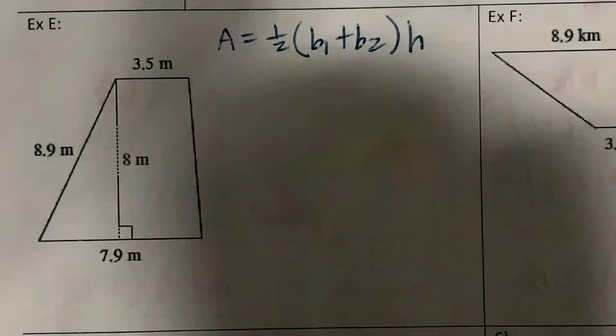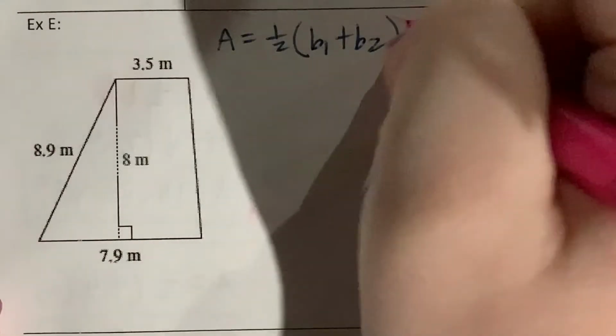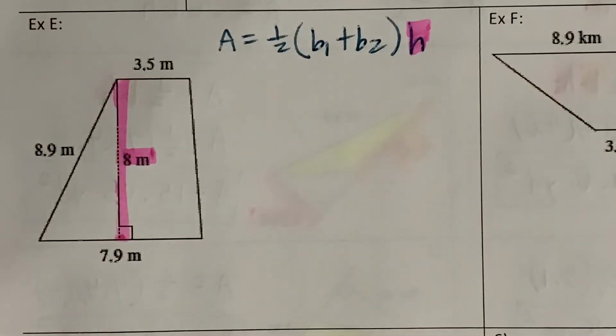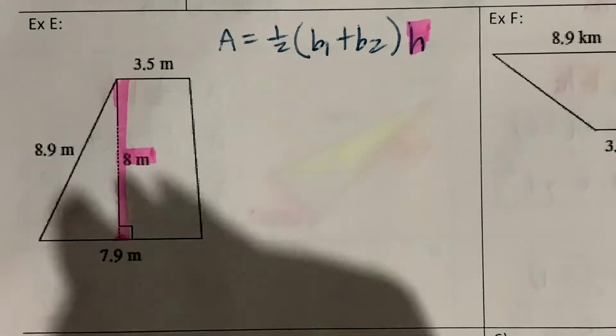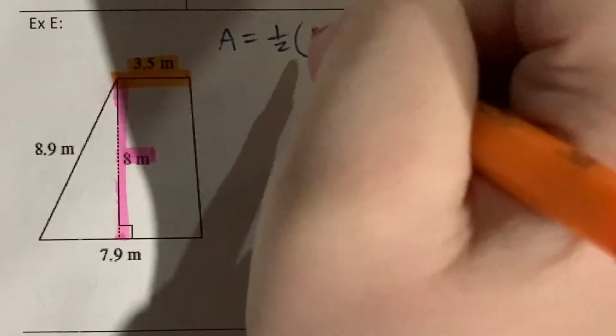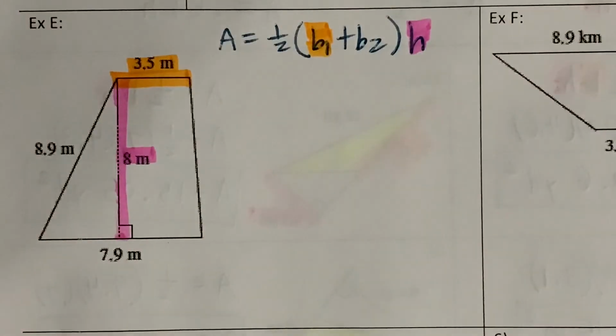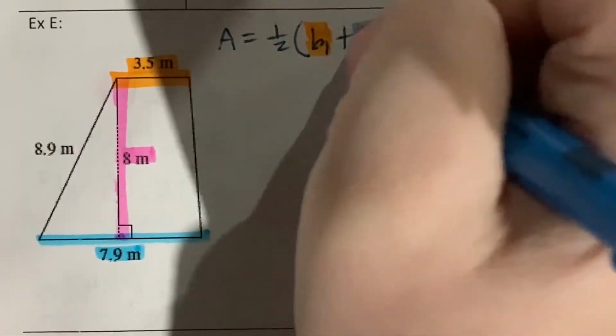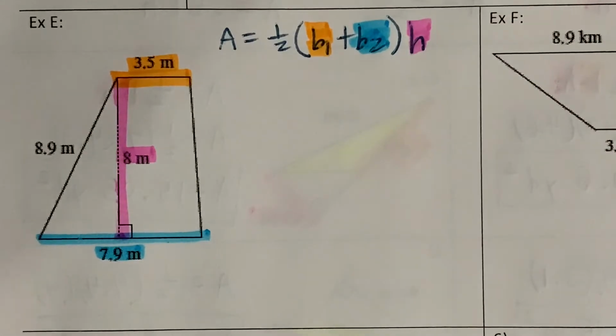My height is perpendicular to the two bases, so my height is the 8 meters. I have two different bases. It doesn't matter which base I say is base 1 and which is base 2, but I have one base that's 3.5 and another that's 7.9.